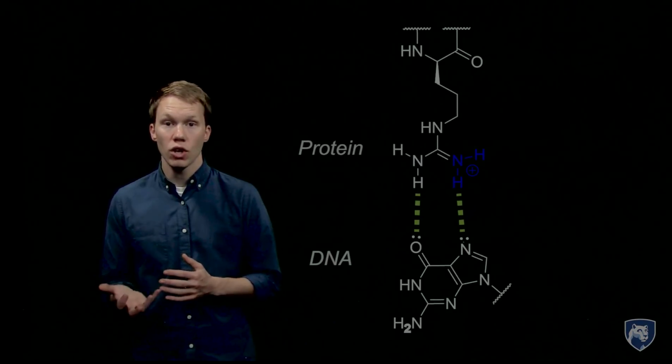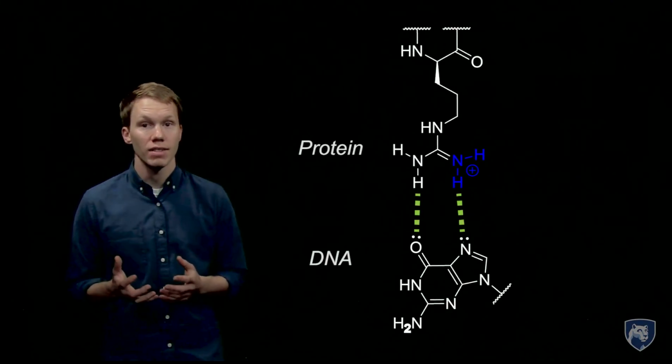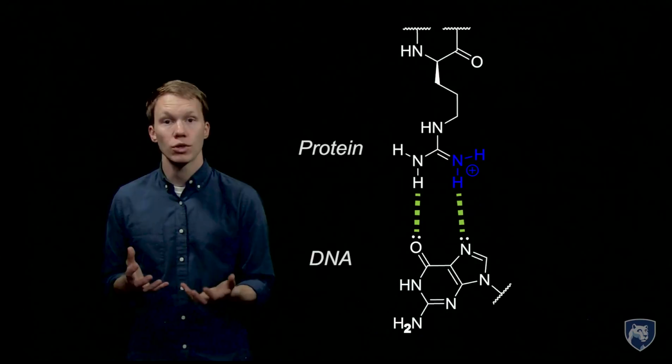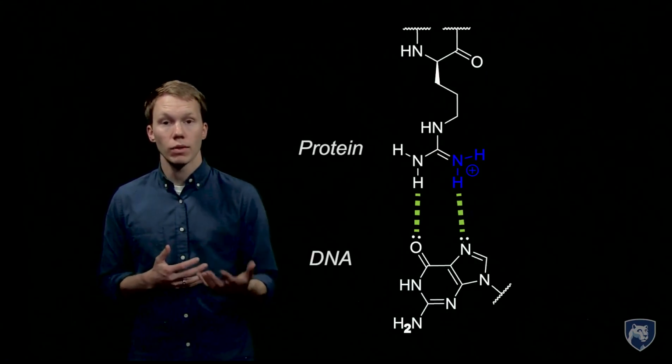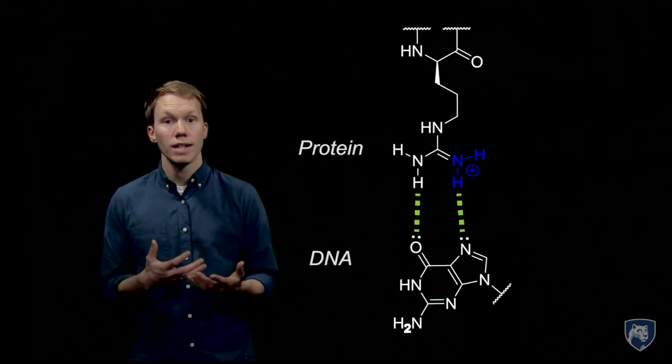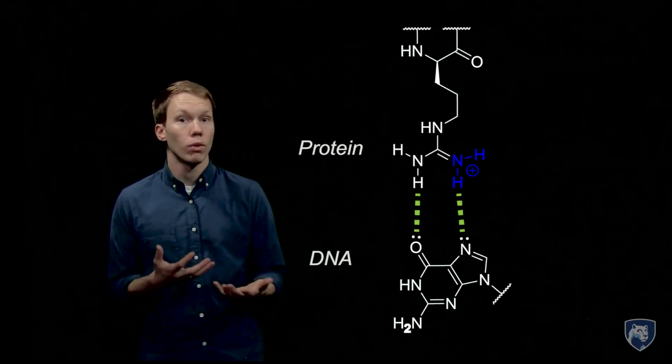Another example of the ion-dipole interaction can be found in living systems, and this is just one example of many. So we have these charges on those amino acids in the form of the NH3+ cations. They can interact favorably through an ion-dipole interaction with the negative end of a polar bond.